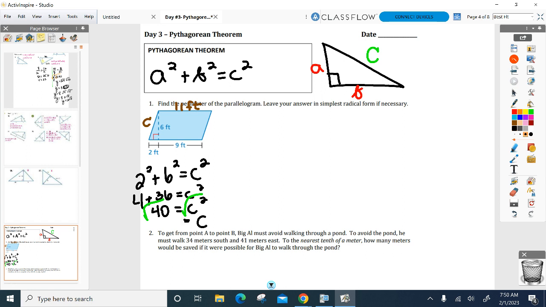Go ahead and break down 40 into 2 radicals, a perfect square, and one that's not.